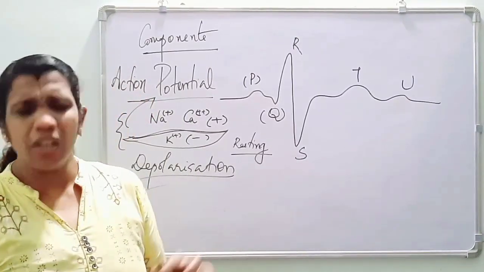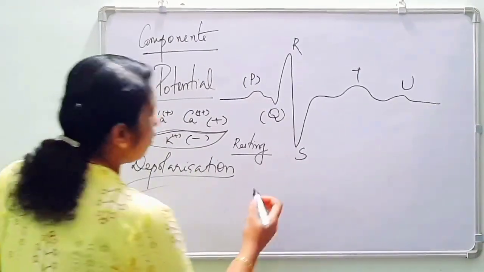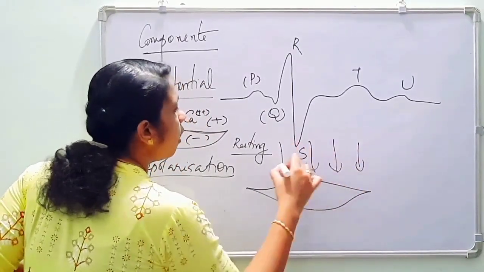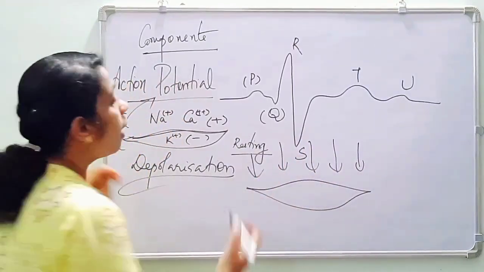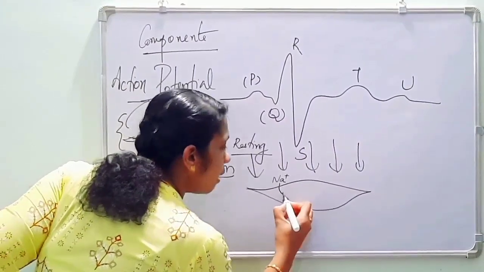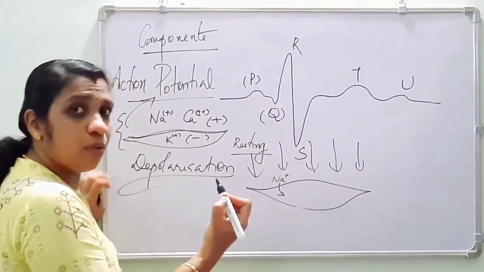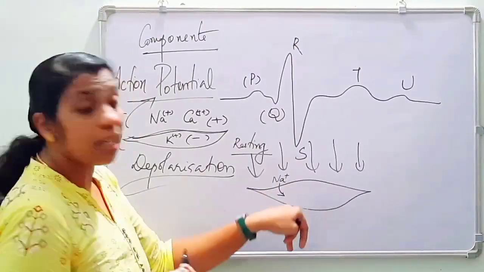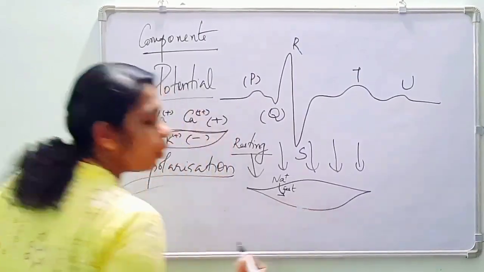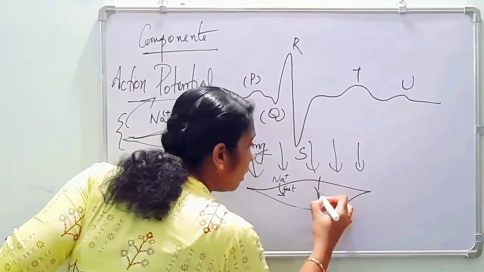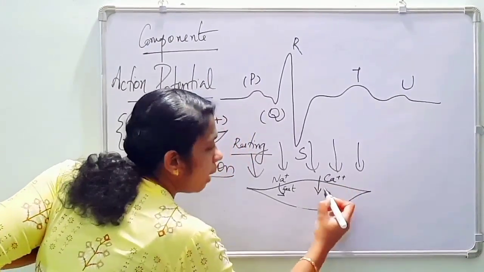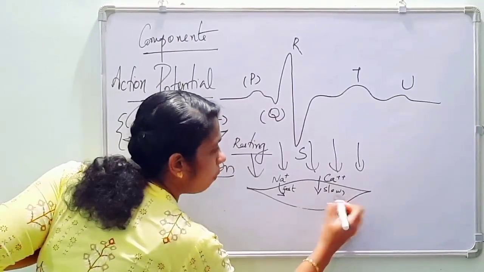When there is a stimulus, sodium ions, which are present outside the membrane, will be moving inside the membrane through the fast channel, and calcium will be moving inside the membrane through the slow channel. You understand?